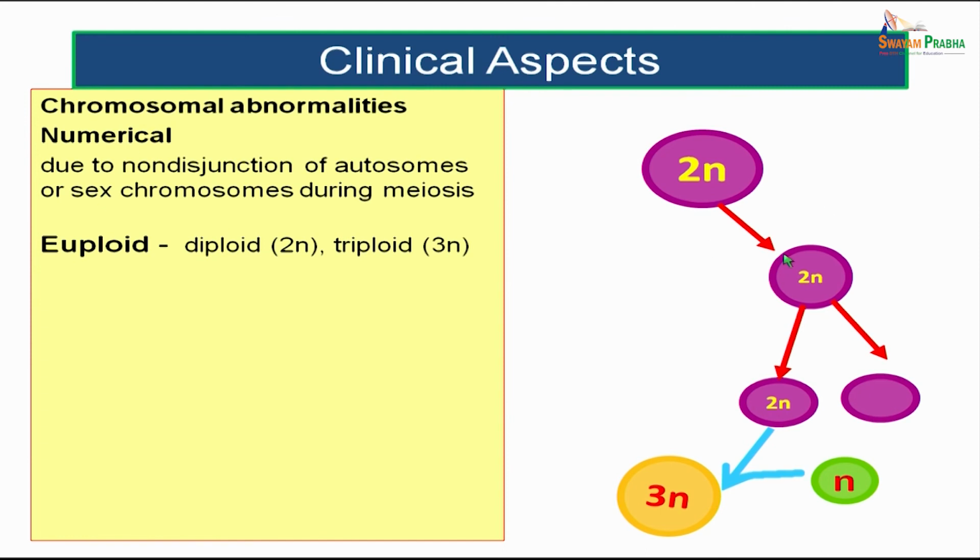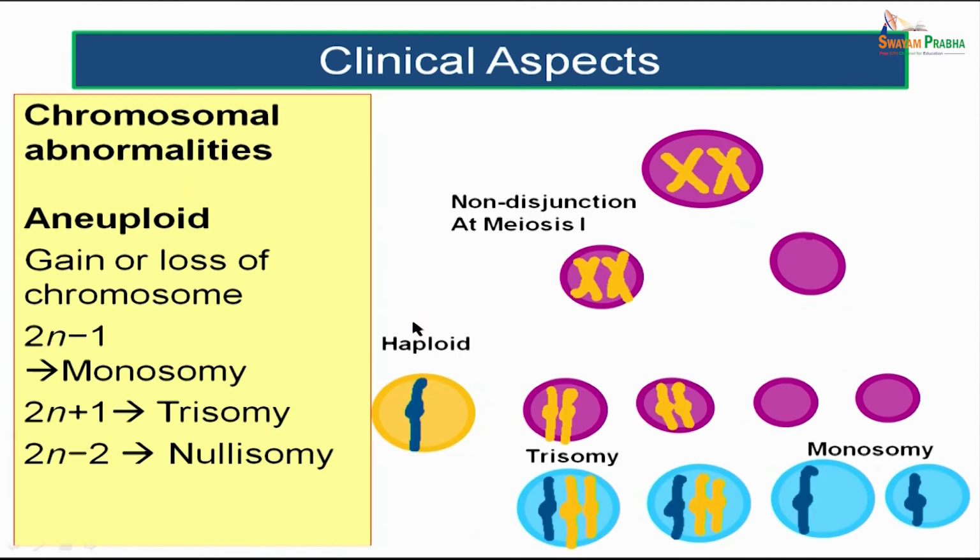If there is non-disjunction, one option is that one set will have a diploid number of chromosomes, and if this unites with a haploid set, ultimately the cell will have a triploid set. Euploid means more than one set of chromosomes, that is more than the haploid set. So, it can be diploid or triploid or the multiples, and if it is more than the diploid number, you call it polyploid.